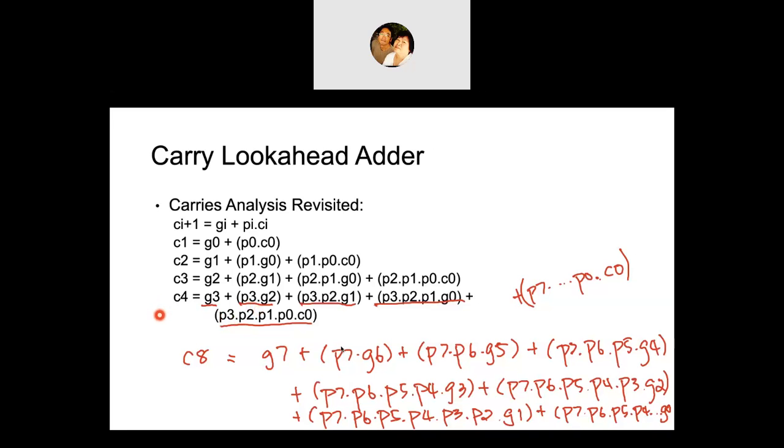Agree with me? So this one is the two-level AND/OR, so we have two gate delays for two-level AND/OR.